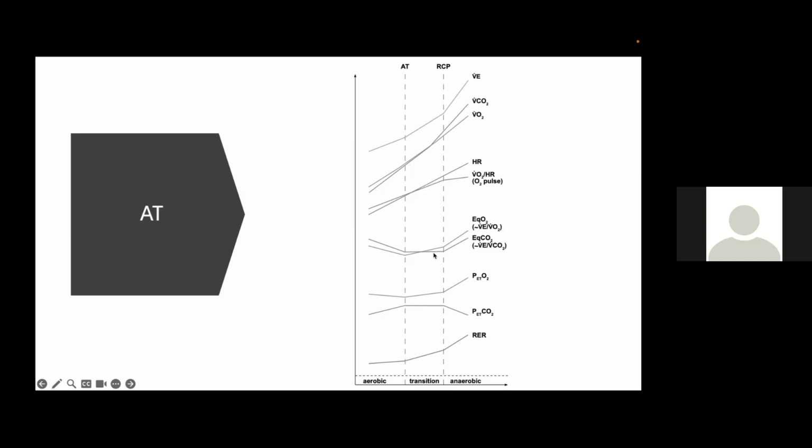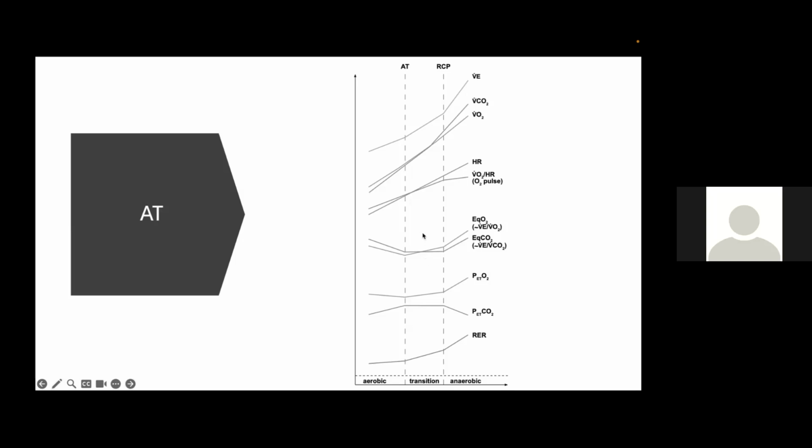Also, we can identify it by the ventilatory equivalent ratio for VO2 and the ventilatory equivalent for VCO2. So if the ventilatory equivalent for VO2 increases and the ventilatory equivalent for VCO2 decreases, that means this level is the anaerobic threshold.